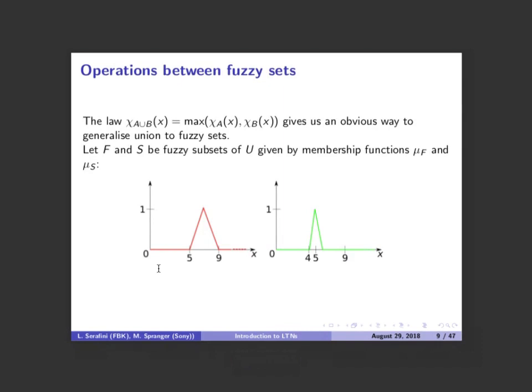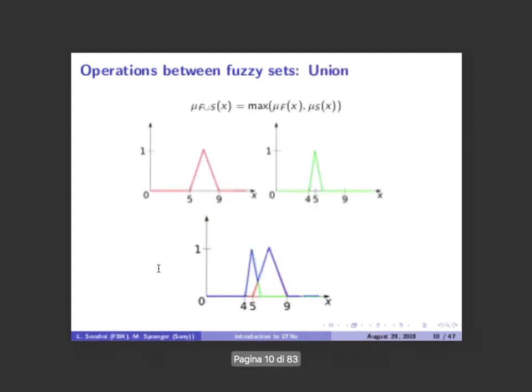So here, if we are now given these two fuzzy sets, numbers close to 7 and numbers close to 5, these are given, the union could be simply done by taking the larger of the two values. So the blue function there represents that union, right? Or the conjunction.